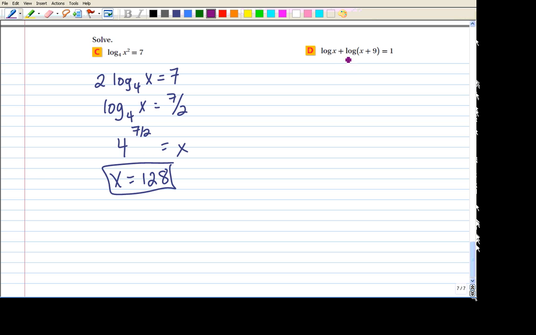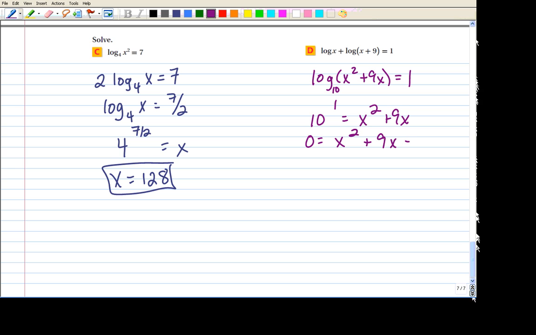I'm going to start out by multiplying these together. So I have log of x times x plus 9, which is x squared plus 9x. And then I'm going to rewrite it as an exponent. So 10 to the first power equals x squared plus 9x. And subtract 10, so I'll get 0 equals x squared plus 9x minus 10.